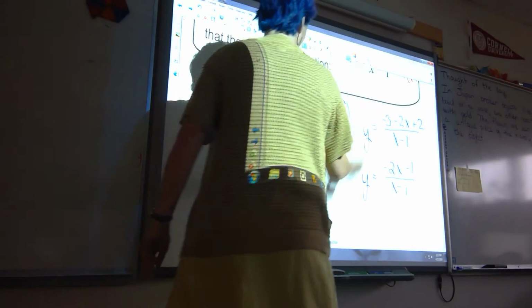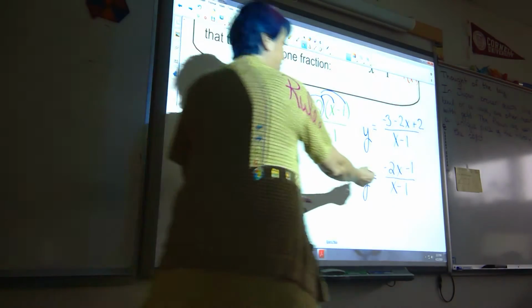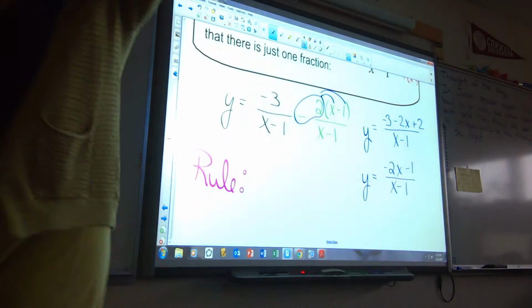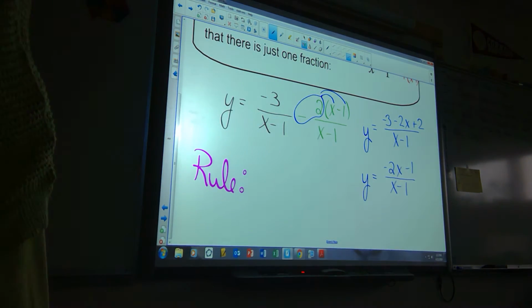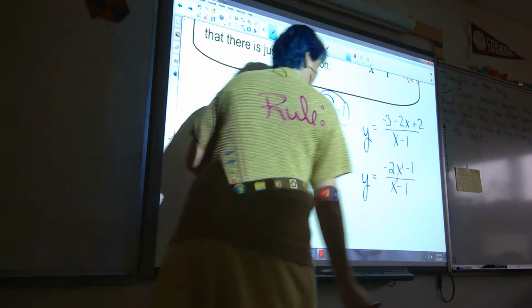All right, so the rule is, when it looks like an x on both the top and the bottom, sometimes we call that same over same, because this is x to the power of 1 over x to the power of 1.